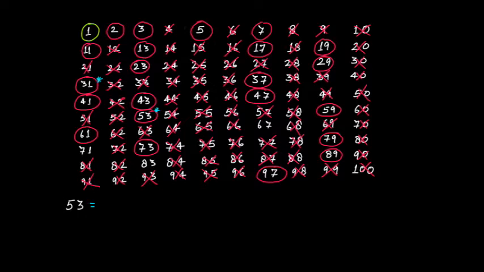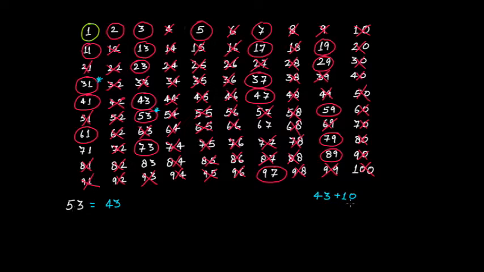Then what's the previous odd prime number to 47? That is 43. So you write 43 here. If I add 10 to 43, then my number would be equal to 53. Very good.